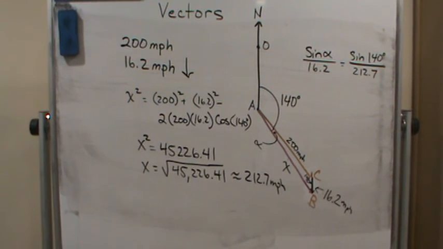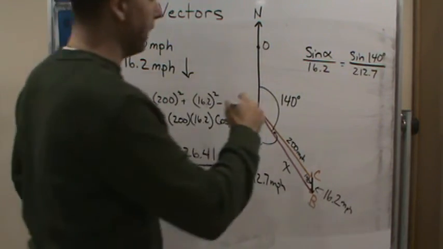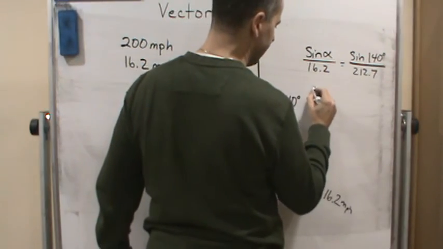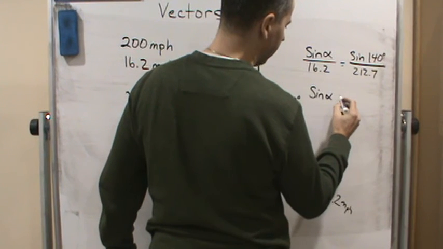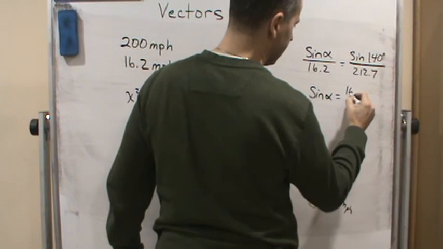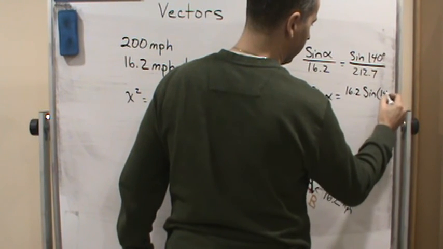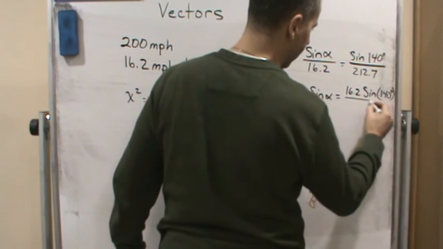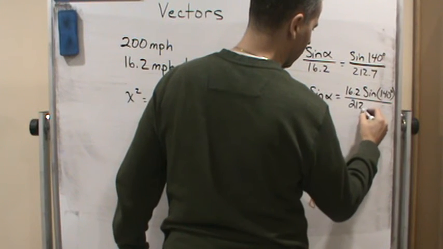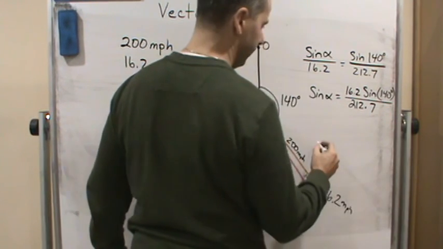And so now if we calculate this, I'm going to multiply both sides by 16.2 and I get sine alpha is equal to 16.2 times sine of 140 degrees divided by 212.7.